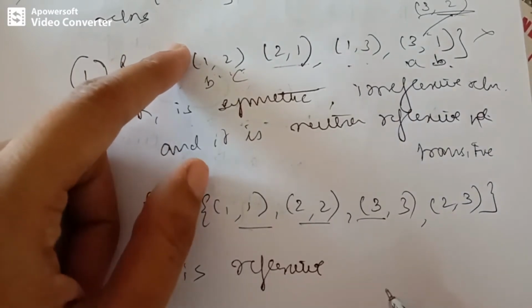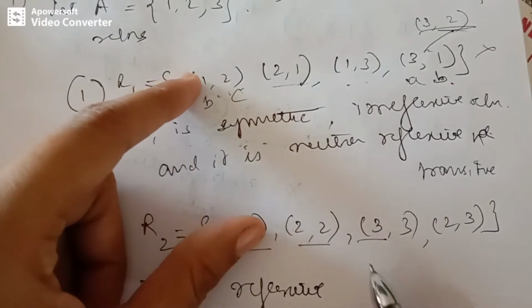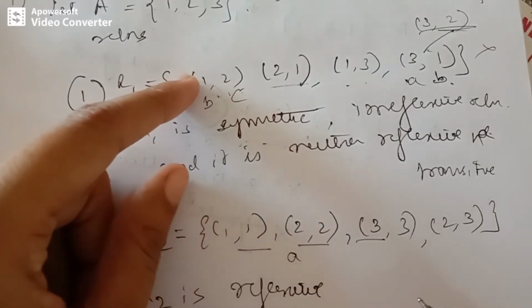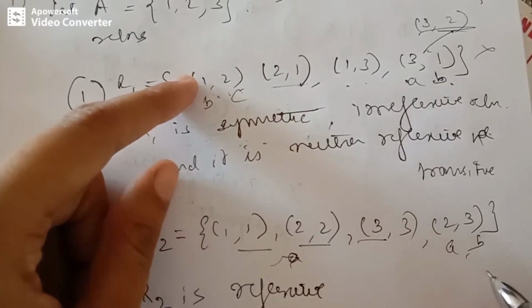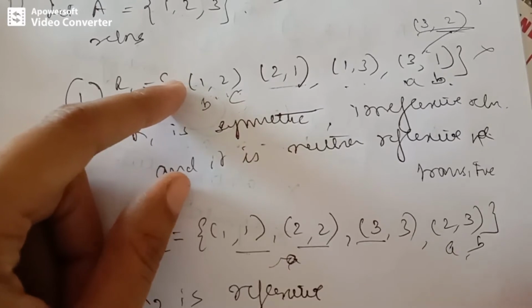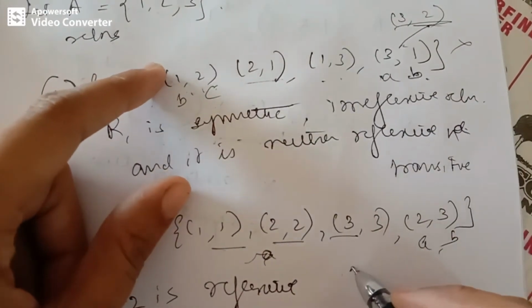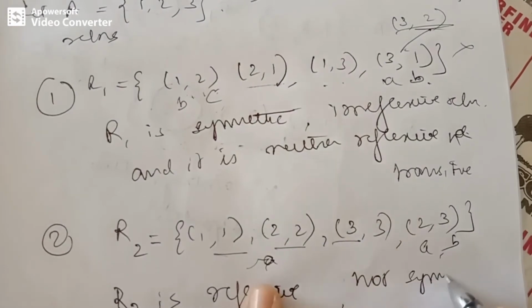Then when we check other nature of relation, whenever A comma B belongs to R, do I have B comma A belongs to R? Obviously no, therefore it is not symmetric. The relation is reflexive but not symmetric.